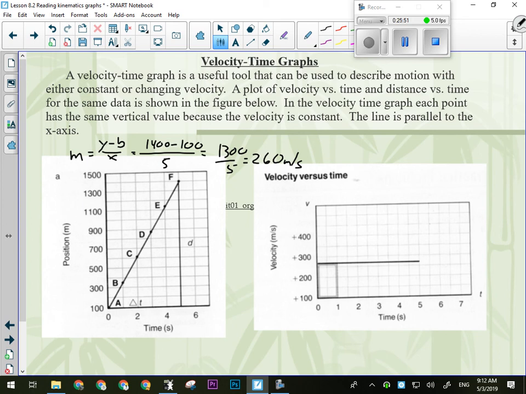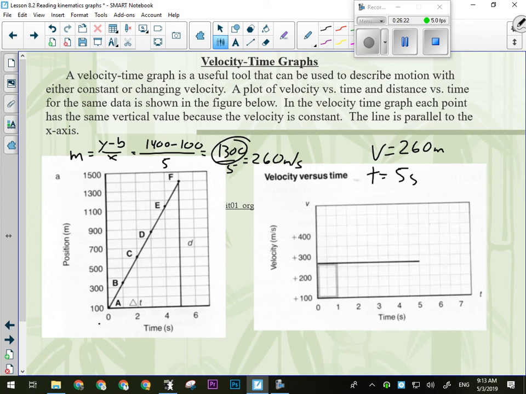Other proof. What's the displacement of this object? 1,300 meters, right? That's final position minus initial position. 1,400 minus 100. Everybody with me there? On this graph, the graph is telling me I'm traveling at a speed of 260 meters per second for 5 seconds.